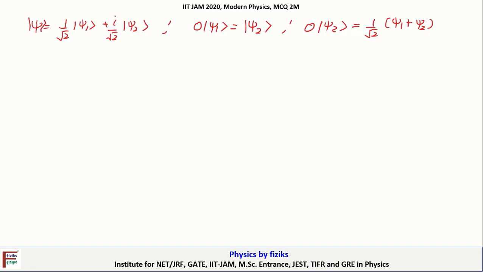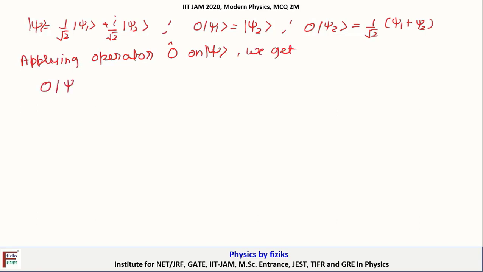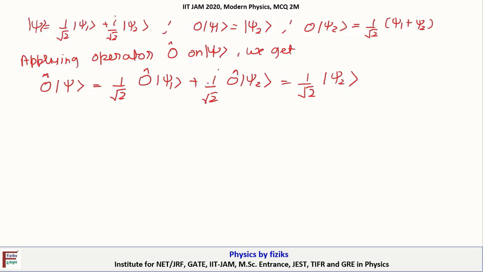Now applying the operator O on psi, we get 1 by root 2 O on psi1 plus i by root 2 O on psi2. Using these values, we get the result 1 by root 2 psi2 plus i by root 2 times 1 by root 2 times psi1 plus psi2.